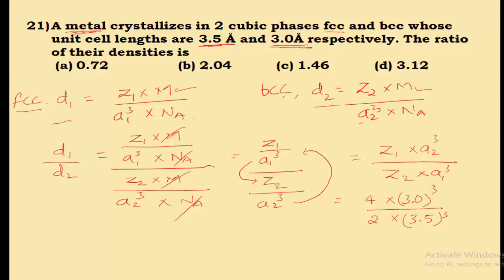So I will simply write 3.0 cube, 3.5 cube. On simplification, what you will get? You will get 1.46. That is the ratio of the densities of the metal crystal which crystallizes in FCC and BCC. So which option is right? Option C. It is 1.46.